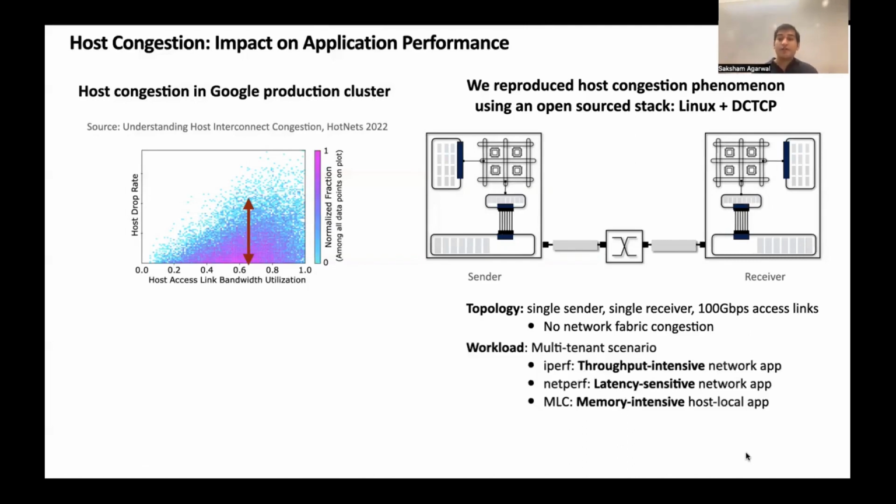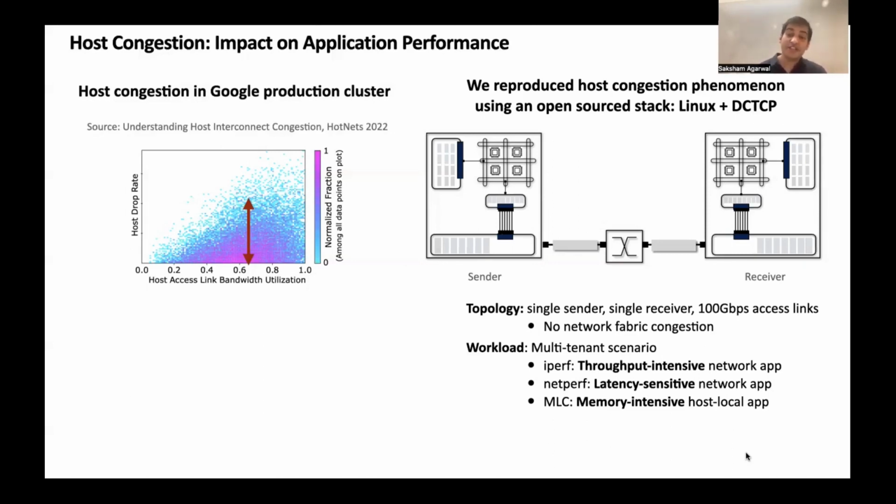I'll show results for a multi-tenant scenario with two network applications running concurrently, a throughput-sensitive application and a latency-sensitive application. I'm using standard benchmarking tools, iPerf and Netperf respectively for each kind of app. And I have all TCP optimizations like TSO, GRO, and ARFS enabled.